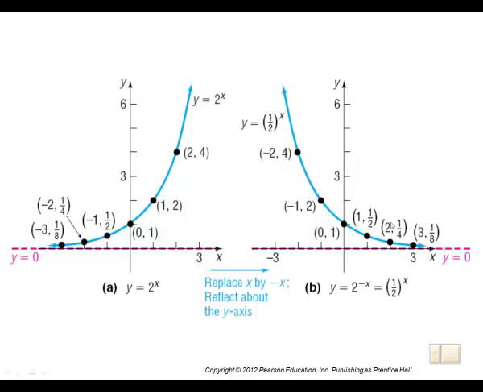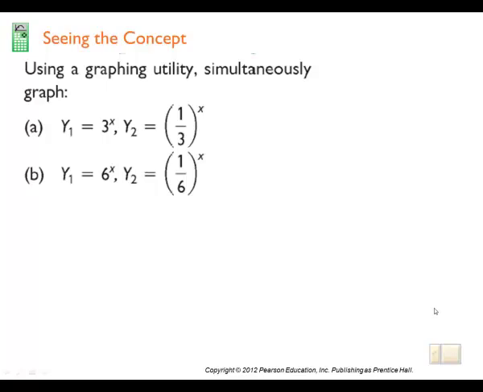You get that reflection about the y-axis. And you could also write it as a fraction, or as a rational base of 1/2. Either way, it's going to show that reflection about the y-axis.